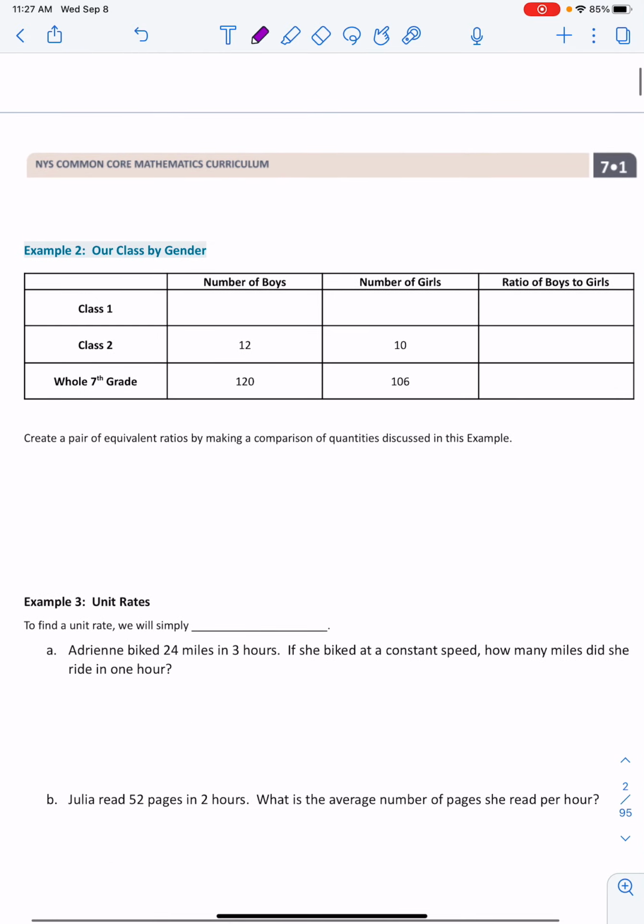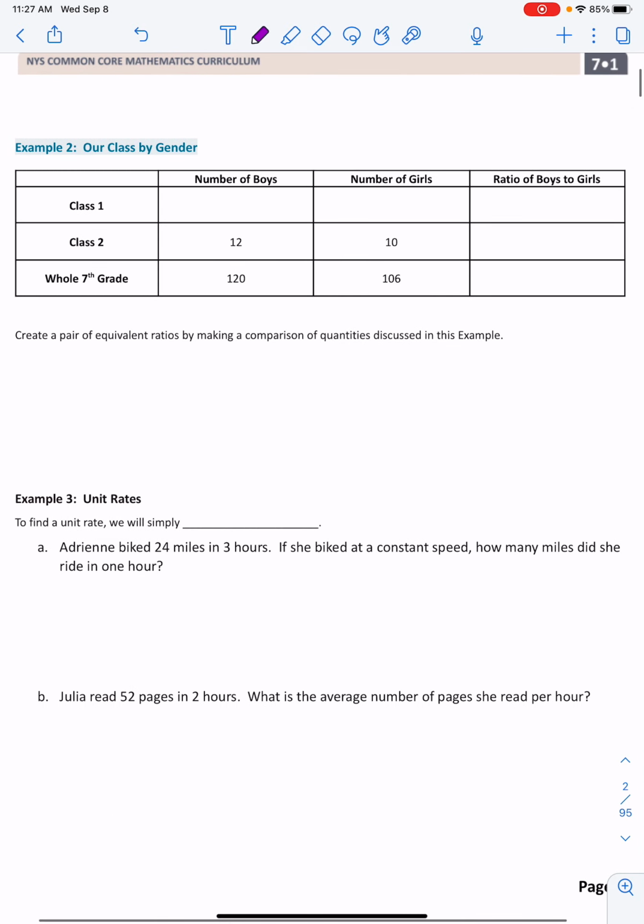Next, each class would be different that we did in class. But for class 2, if we were to compare our ratios from boys to girls on this chart, it would be 12 over 10. And for the whole 7th grade here that has 120 over 106, 120 to write it as a fraction, and the 106 would be in the denominator.